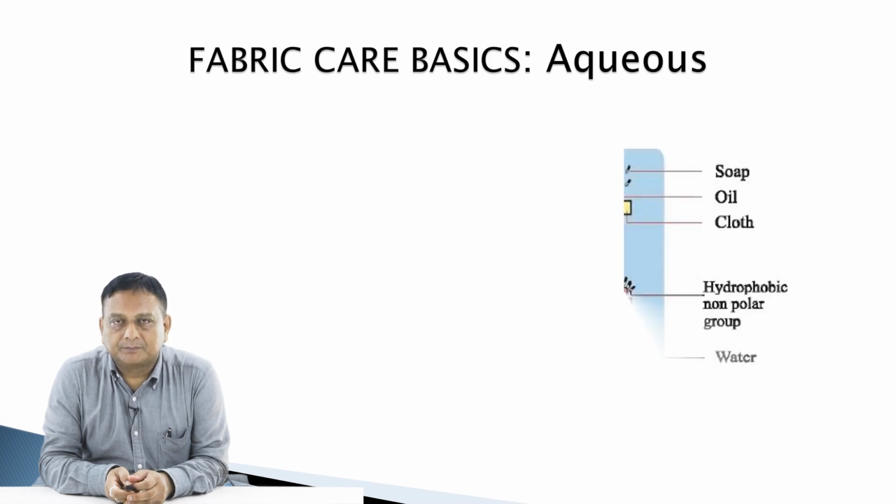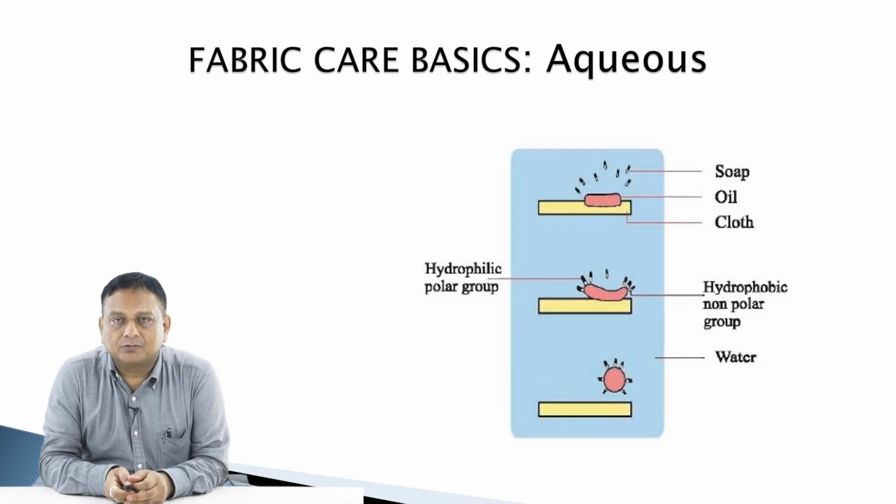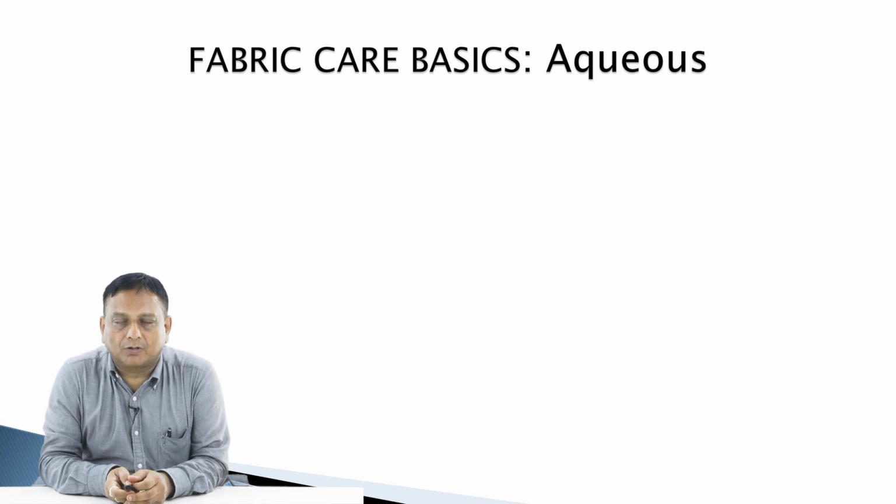Aqueous media means we wash the garment with some detergent and soap, etc. And there is detergent action, detergency, by which the dirt particles which are with the garment will be rounded off and come out from the surface. That is called detergency.